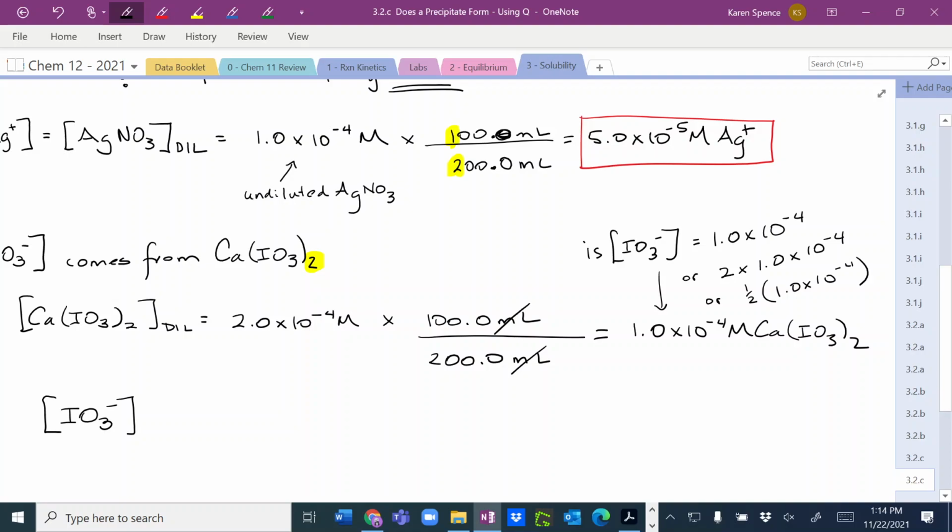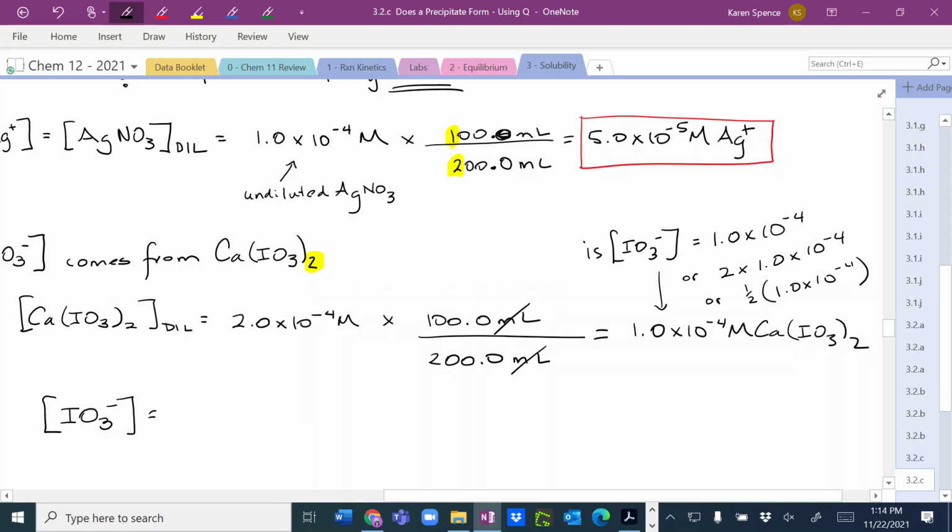What do you think? Is iodate the same as calcium iodate? Is it twice as much, or is it half as much? How much is it? Twice as much, because you have 2 iodates for every 1 calcium iodate.